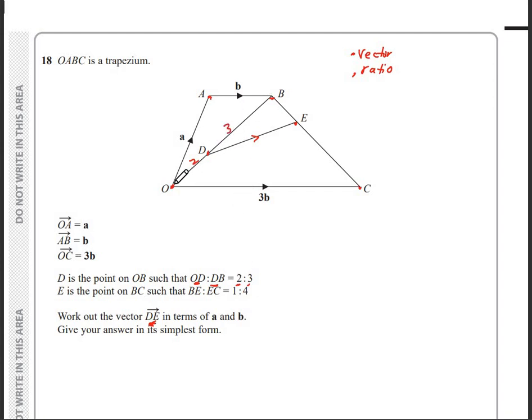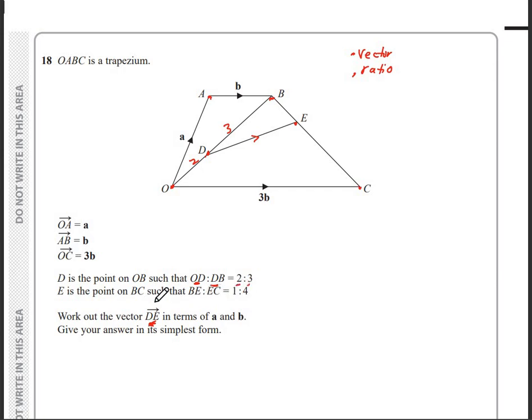In total, we can say that this line OB is actually made up of 5 parts: OD is 2 parts of the line OB, and DB is 3 parts of the line OB. Alright, so we're filling in a bit of extra information. We're writing on our problem just to get a clearer picture of what's going on.